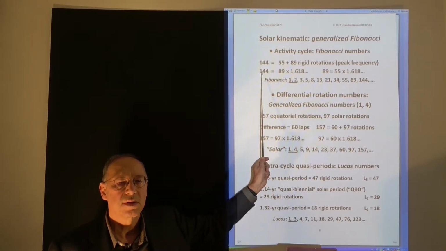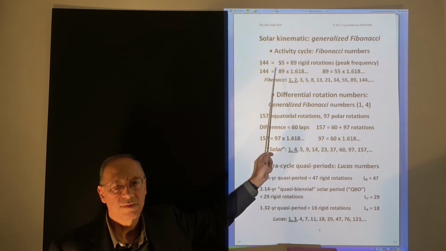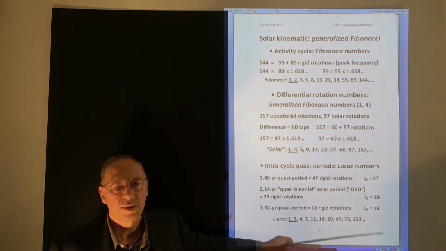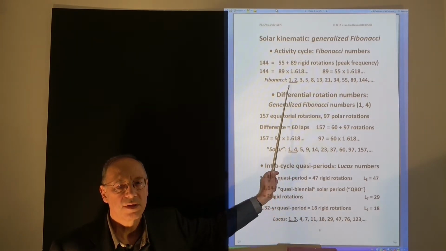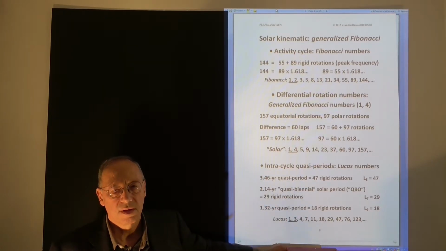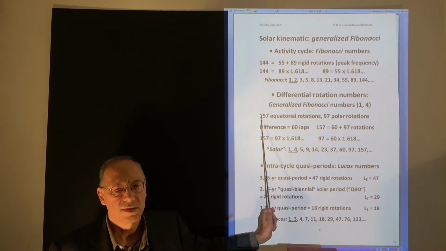The numbers as given in the previous pages, 144, 55, and 89, are Fibonacci numbers from this well-known sequence, 1, 2, 3, 5, 8, 13, etc. But also the differential rotation numbers: the number of rotations at the equator over a cycle is 157, at the pole 97.